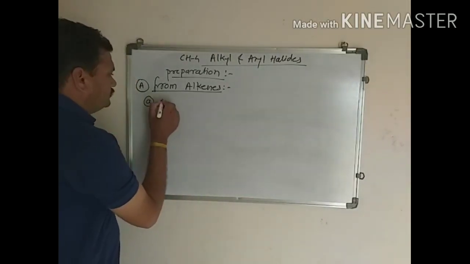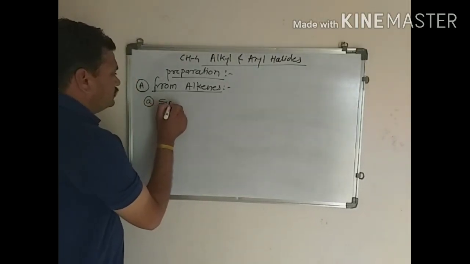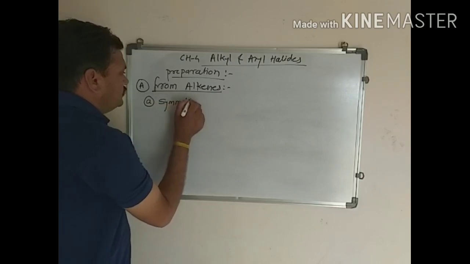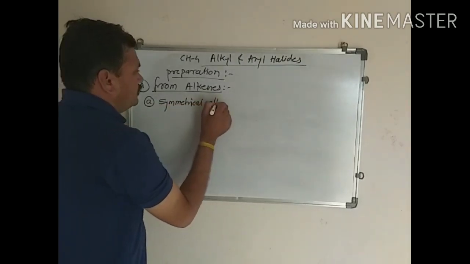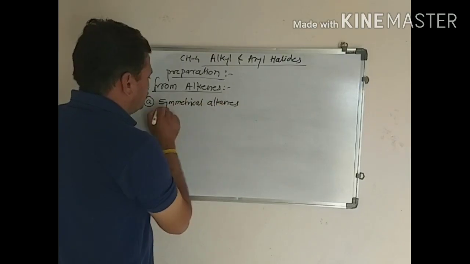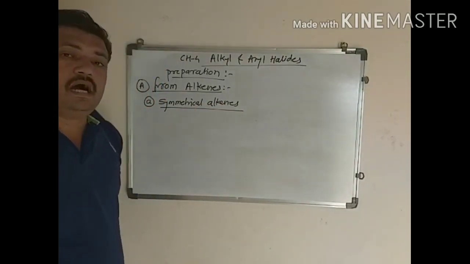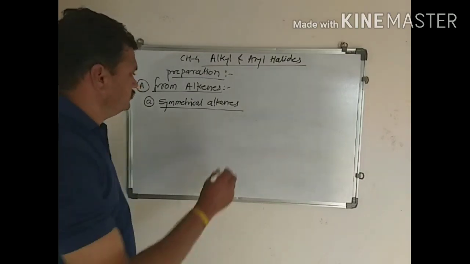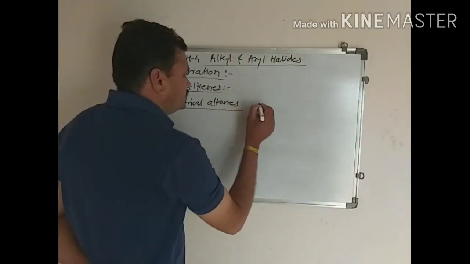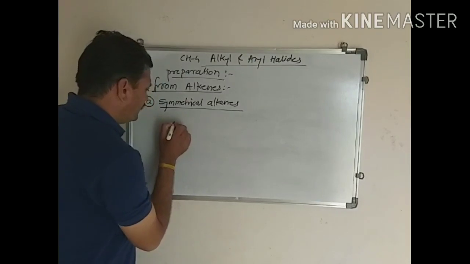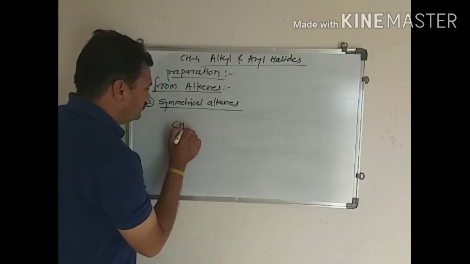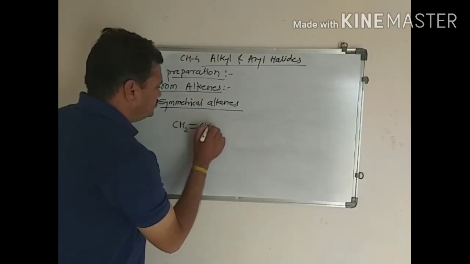For example, symmetrical alkenes. When symmetrical alkenes are treated with hydrogen acids like HX, for example, we will take ethylene, it is a symmetrical alkene.